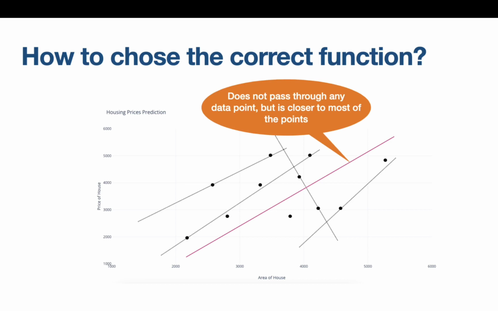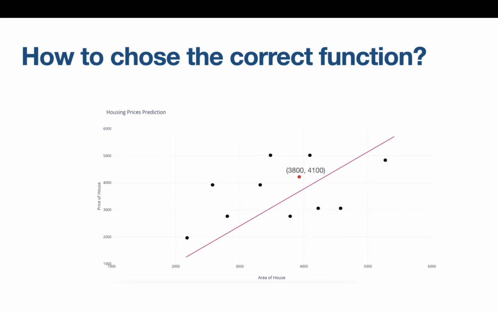Consider a point where the area is 3800 and the price is 4100. This is the actual value present in our data. Now let us look at the point on the red line for the same area of 3800.